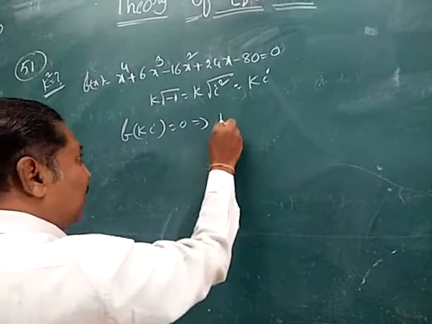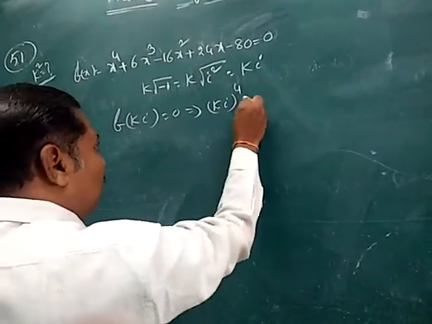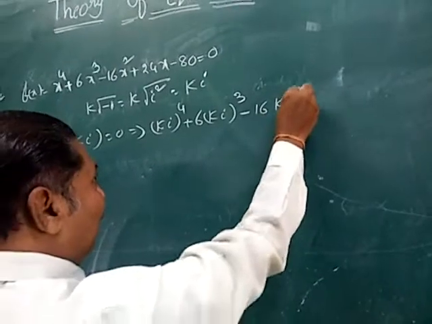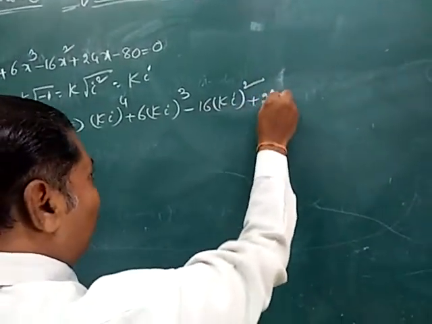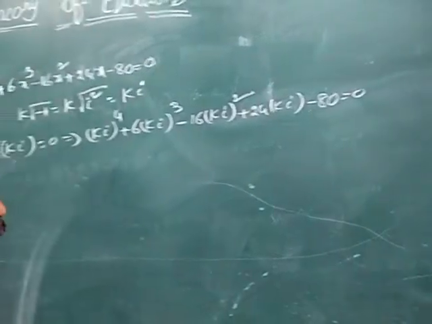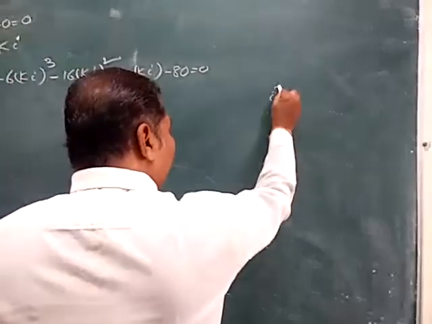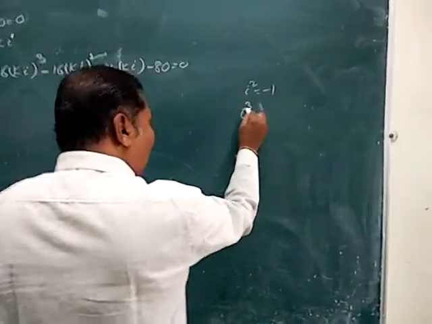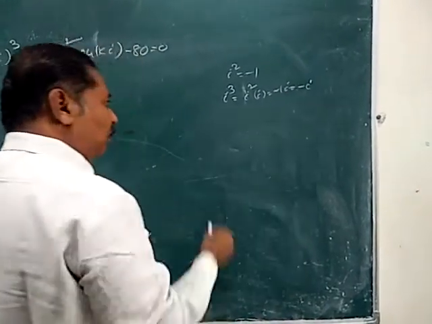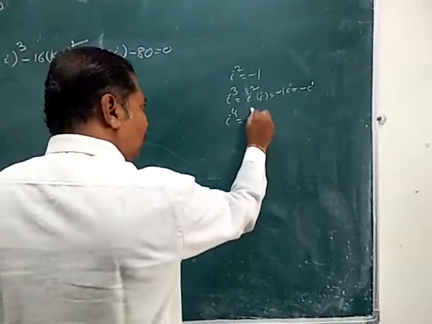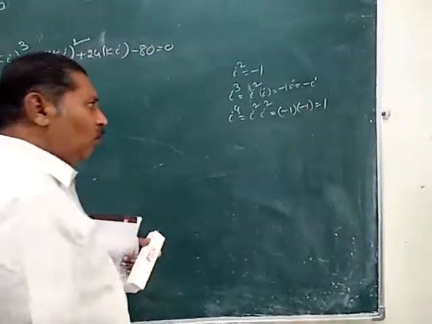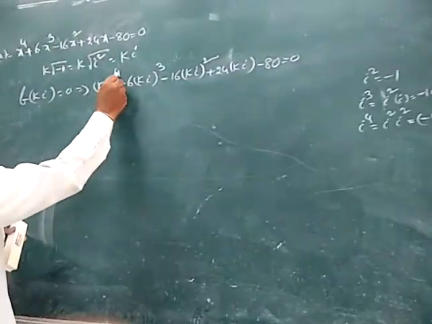That implies (ki) to the power 4, plus 6 (ki) cube, minus 16 (ki) square, plus 24 ki, minus 80 equals 0. i square value is minus 1. i cube value is i square into i, that is minus i. i power 4 value is i square into i square, minus 1 into minus 1, that is 1.